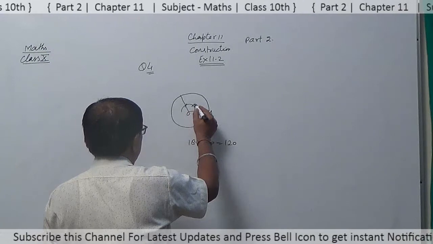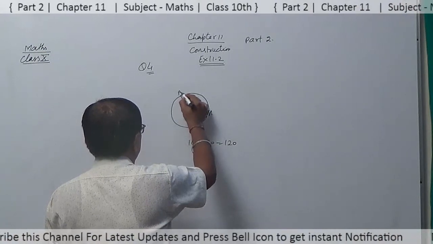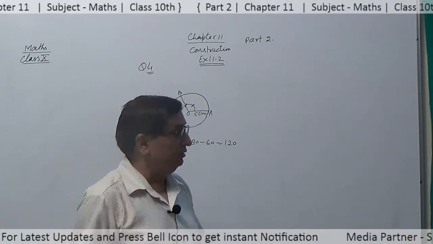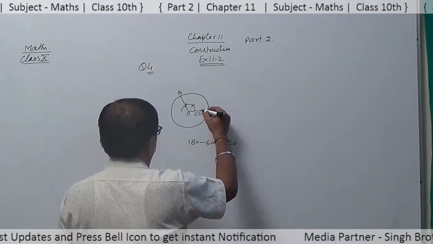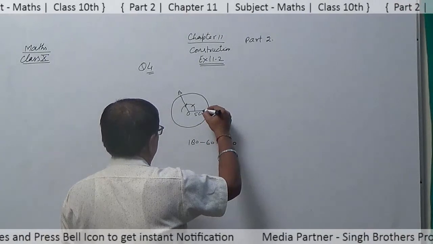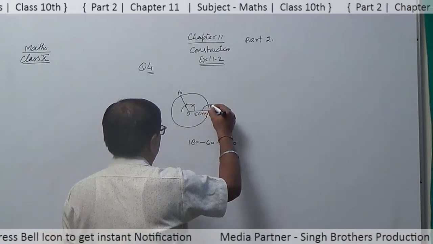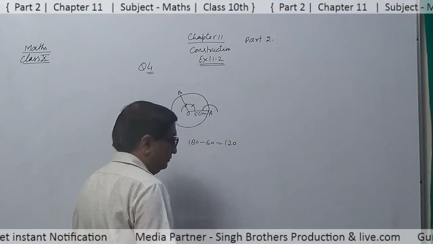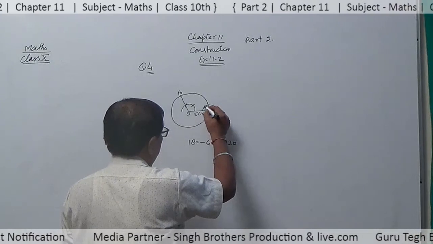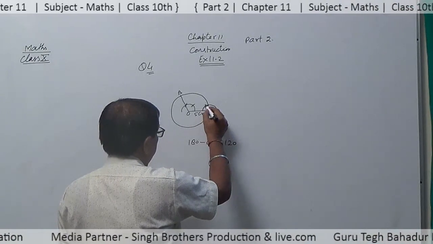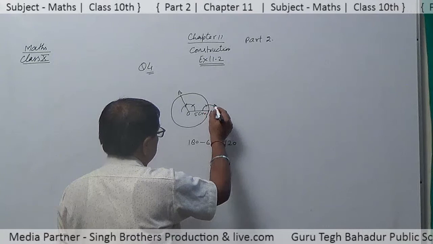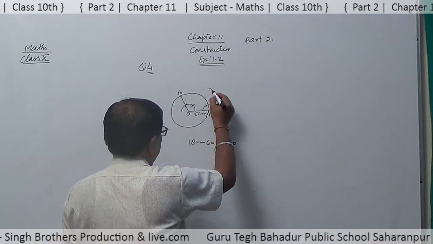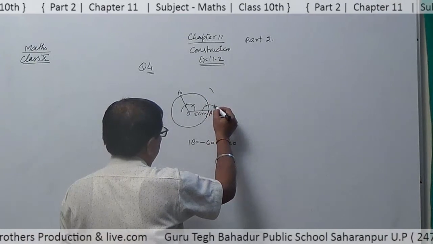This is 60, this is 120, this is the point B. Now, draw the perpendicular from point A. We will draw the arc from point A. From point A, we will draw the arc, then we will form a 60 degree angle, a 120 degree angle, and then we bisect it from this point and from this point.